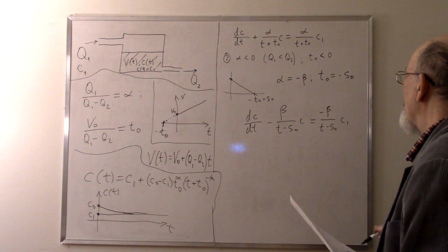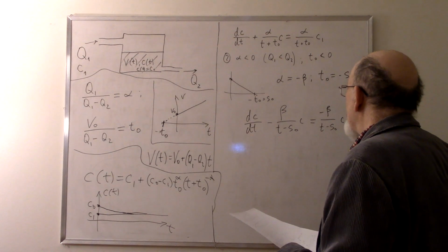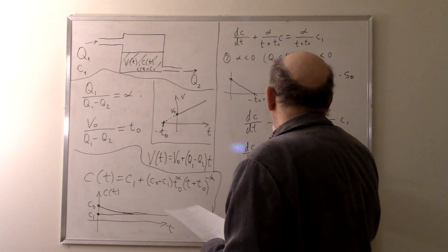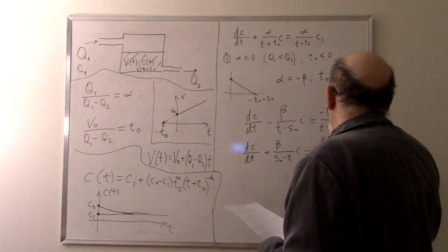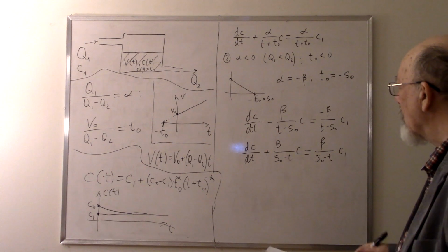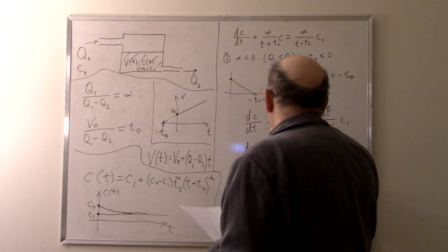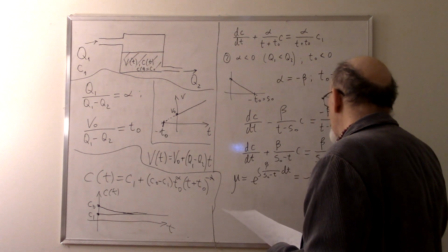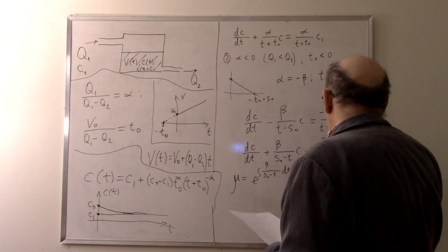And in our new notations, it is better to change places of t and s0 and have the following: dc/dt plus beta over (s0 minus t) times c equals beta over (s0 minus t) times c1. Now, okay, mu equals e to the power integral of beta over (s0 minus t) dt, equals e to the power minus beta logarithm of (s0 minus t).